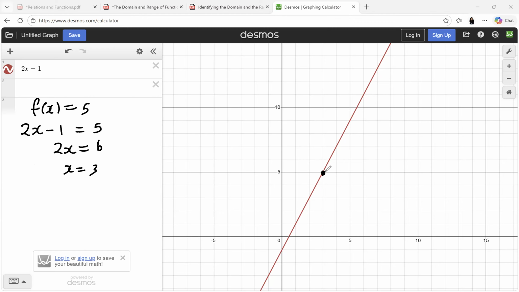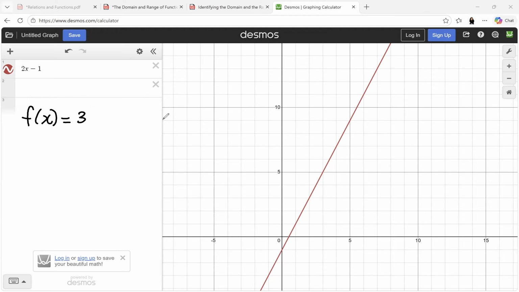So my question now, Isabel, is find x when f of x is equal to 3. When f of x is equal to 3, what is x?